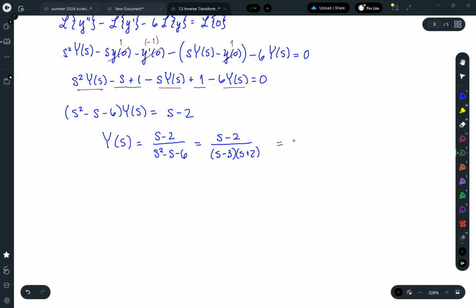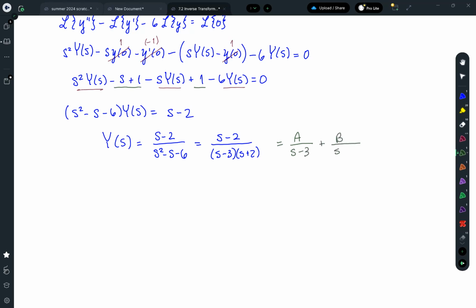I have 2 linear factors in the denominator, so I want this to equal a over the first linear factor, s minus 3, plus b over the second linear factor, s plus 2. And so then I can clear the fractions, and I have s minus 2 is a times s plus 2 plus b times s minus 3.